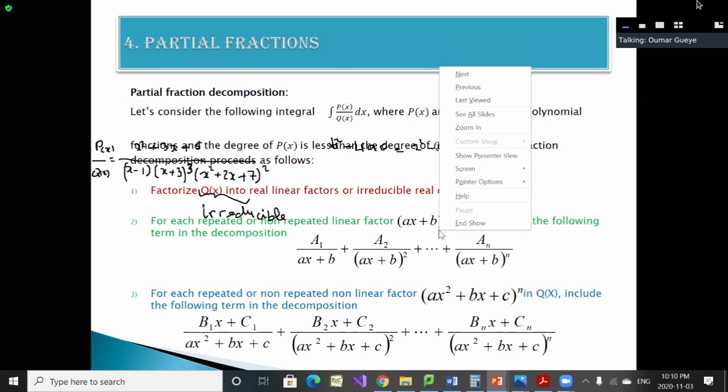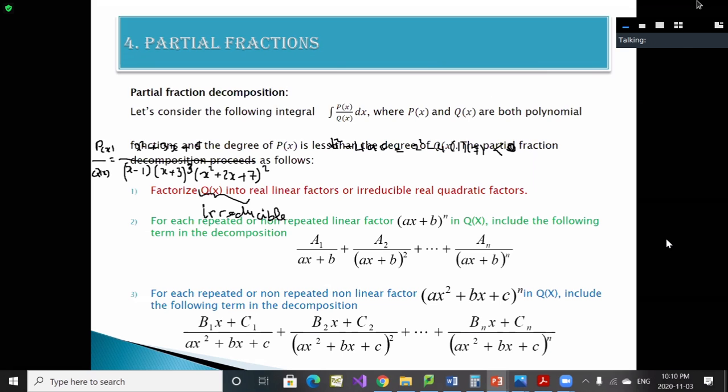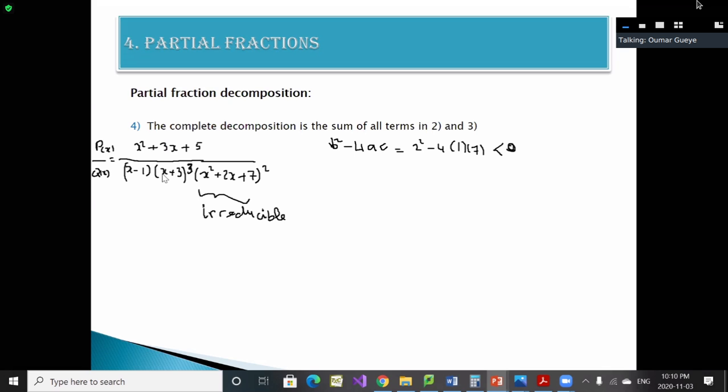Okay, so here we have two linear factors. So for example, from the first linear factor, since it's not repeated, I'll get just one term. I'm going to call it A0 or A1, it doesn't matter how you name it. Okay, A1 over x minus 1, one term only.